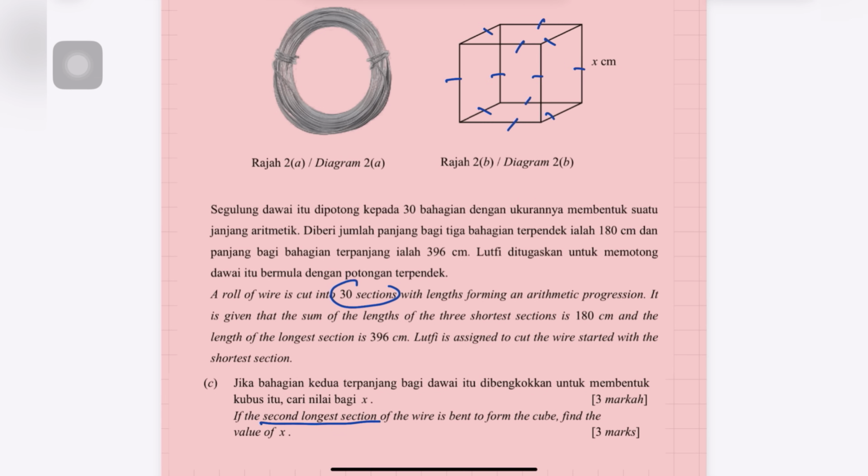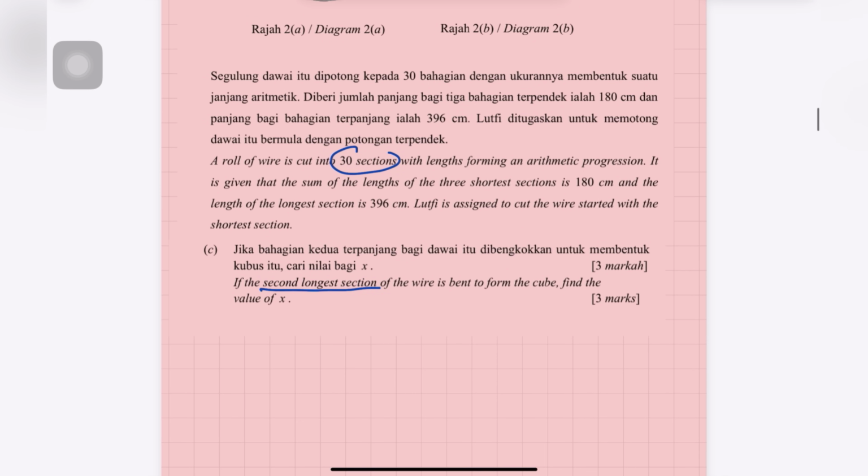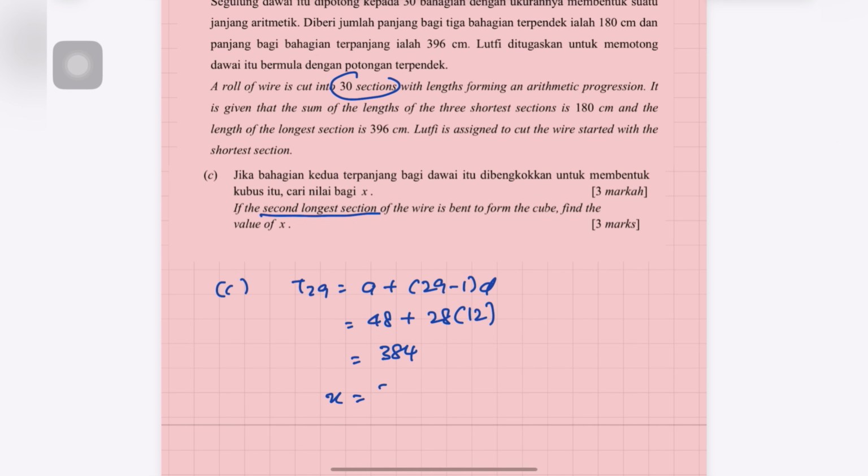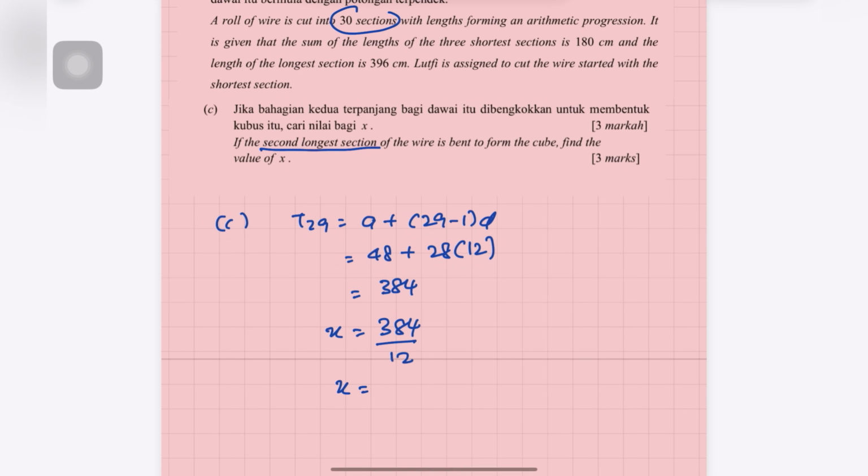So there are 12 sides. So we must first find T29. T29 equals to A plus 29 minus 1 D, so 48 plus 28 times 12. We get 384. To find X, it is 384 divided by 12. So X equals to 32 cm.